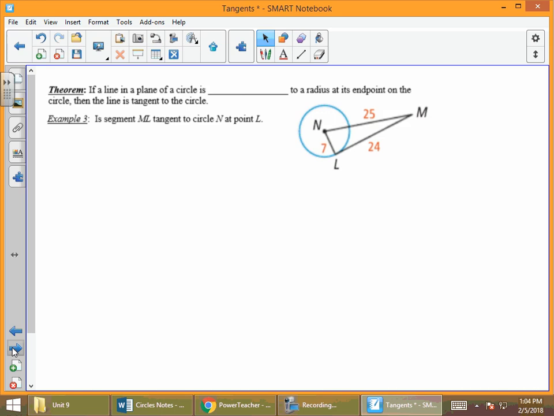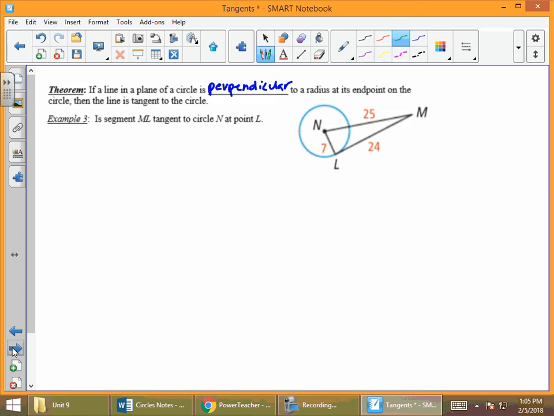So this is just flip-flopping it. This is saying if a line in the plane of a circle is perpendicular to a radius at its endpoint, then that line has to be a tangent. So just going back. Okay, so if you have a line that's perpendicular to a radius, then it has to be tangent. Okay. We can test this out.